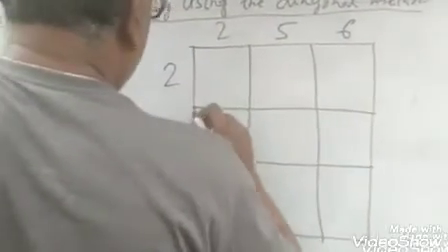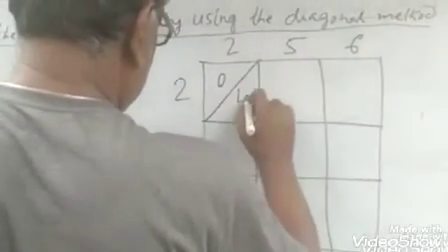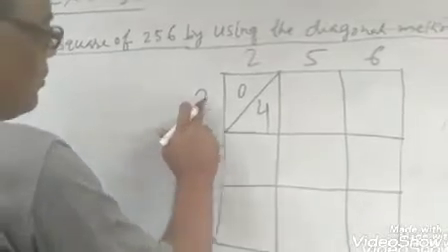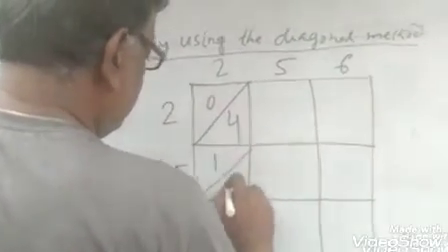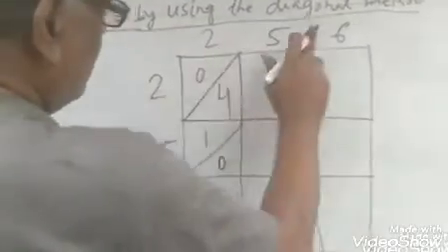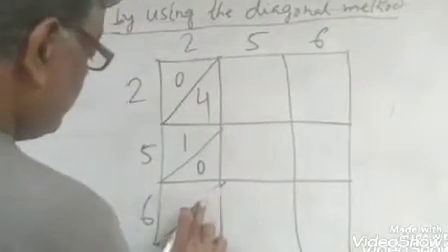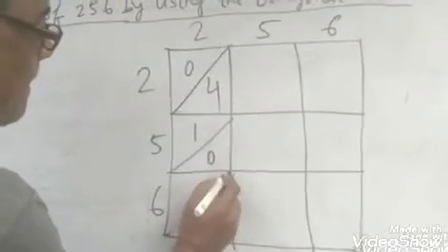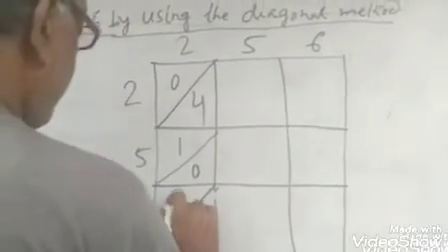Two twos are 4. 2 into 5, we get 10. 2 into 6, 12.